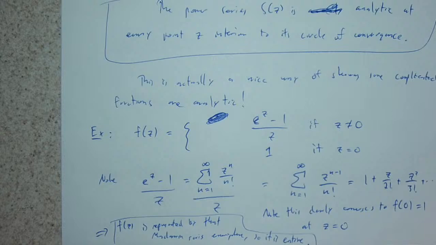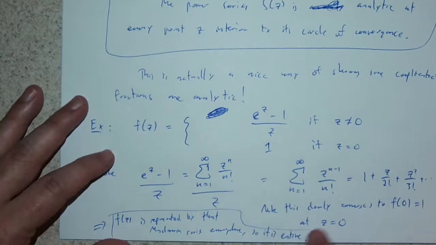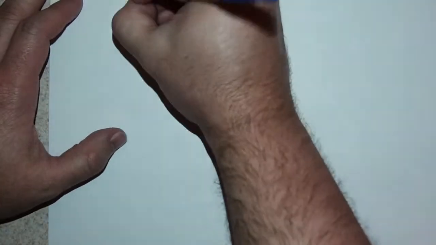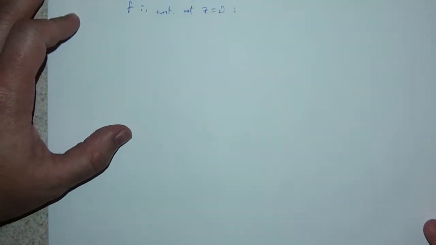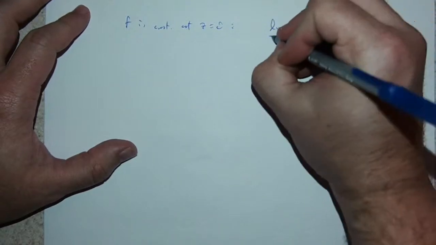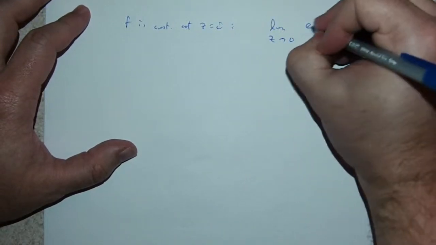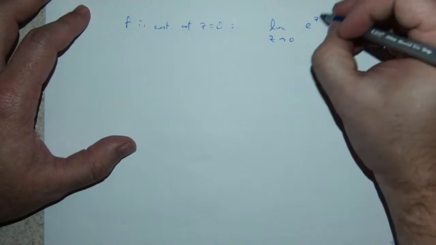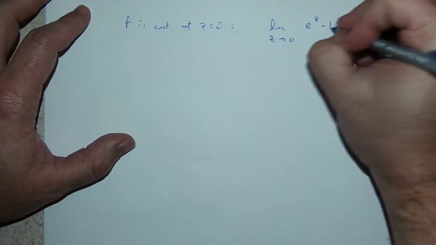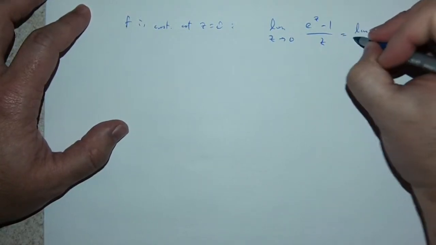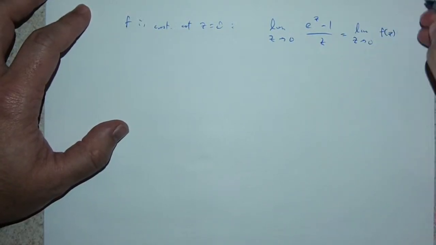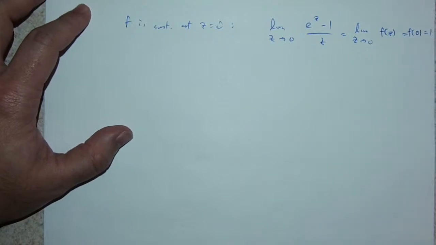In fact, if you're worried about what happens at z equals 0, note that since f is continuous at z equals 0, by definition, what does that mean? It means that the limit as z approaches 0 of f, so it's e to the z minus 1 over z, is the form that f takes there. Well, this is the limit as z approaches 0 of f of z, but we saw that that's just f of 0. That's just 1, right?